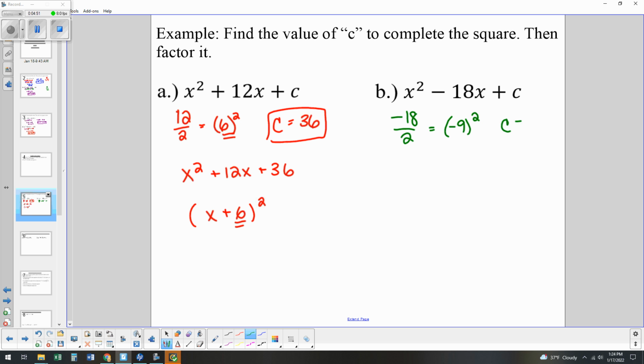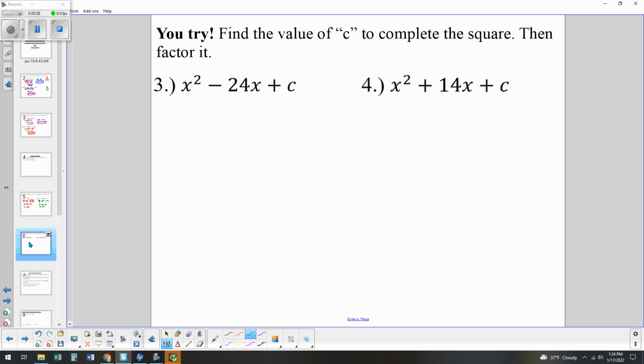So c in this case would be 81. So if x squared minus 18x plus 81 is our expression, our factored form, right? x minus 9. So you try the next two, pause it, and then you can check your answers.